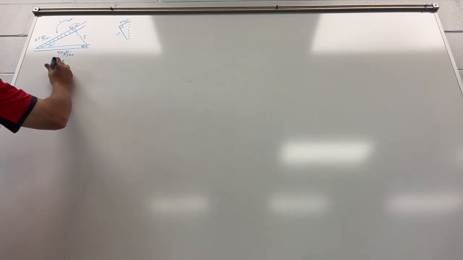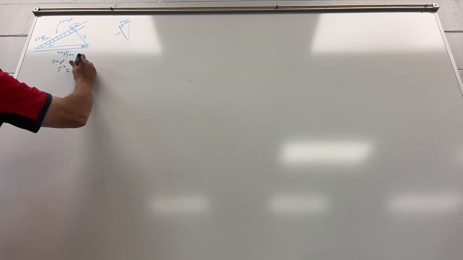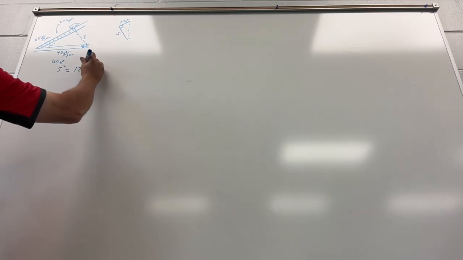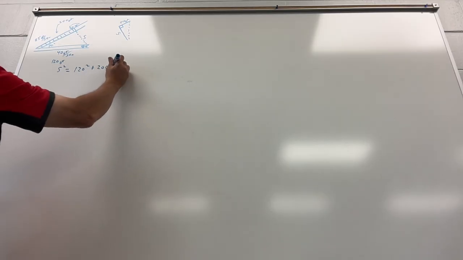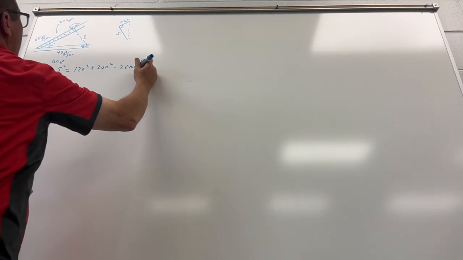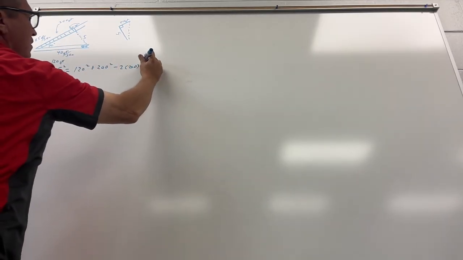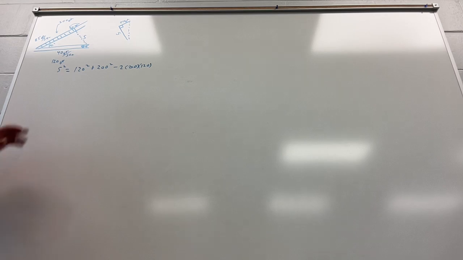So S squared equals 120 squared plus 200 squared minus 2 times 200 times 120. Now, the angle here is not changing. We're fortunate with that.